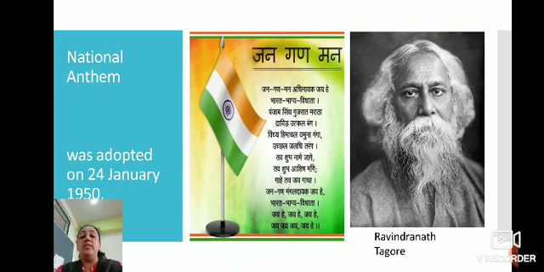All of you see in the picture, observe it. He is the man who wrote our national anthem. Jana Gana Mana was originally composed in Bengali by Rabindranath Tagore. This national anthem is sung on national days, functions and events of national importance to pay tribute to our country.